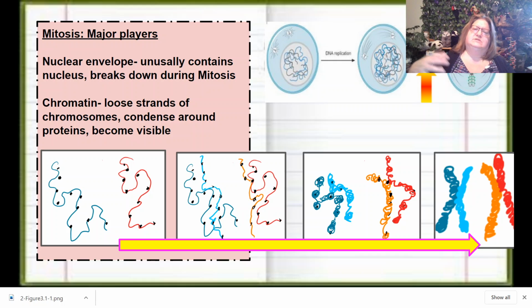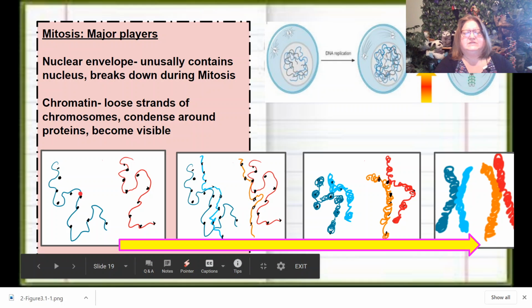But that also means it's very delicate and very loose. We need to tighten up the ship and get everything nice and ready. So what the cells do is they will take their chromatin and they will coil it around, and I mark these as little black dots.